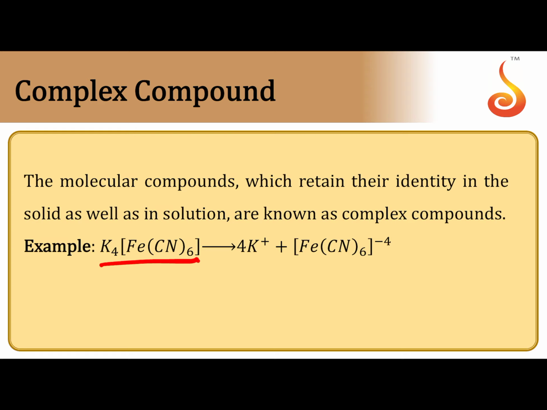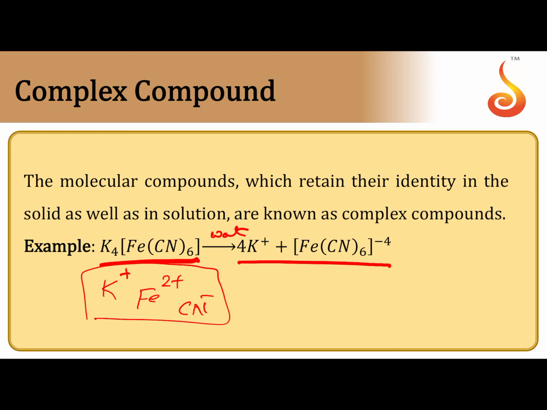Complex salt, for example potassium ferrocyanide: in the solid state there are three types of ions, K+, Fe2+ and CN-. When this is dissolved in excess water, it undergoes ionization, but it won't give all types of ions. It gives potassium ions and ferrocyanide ions instead of Fe2+ and CN-.